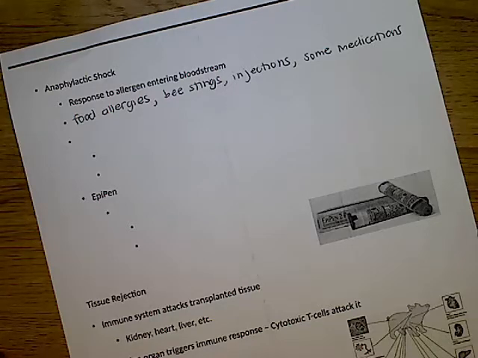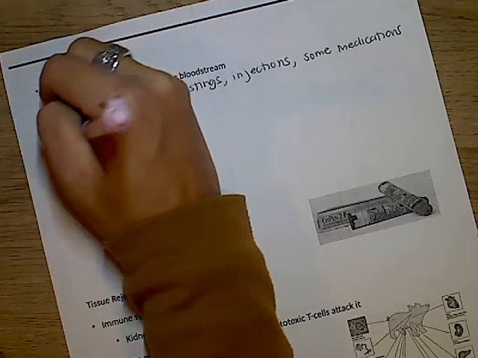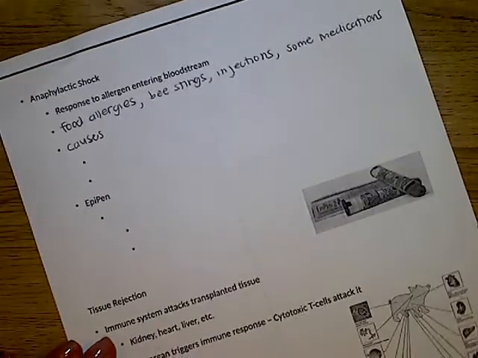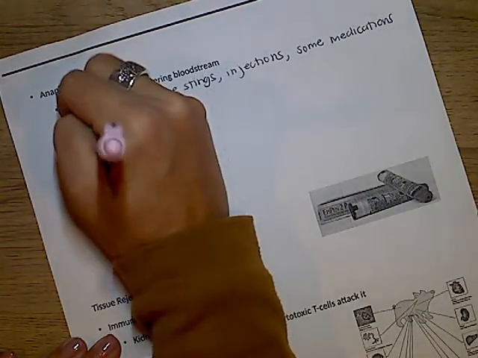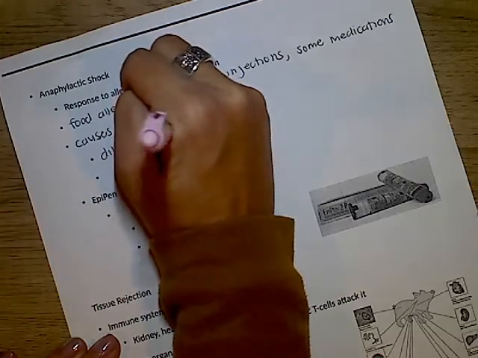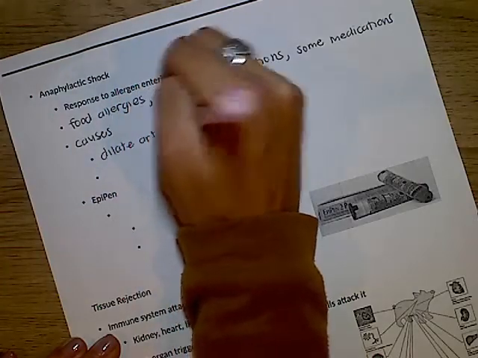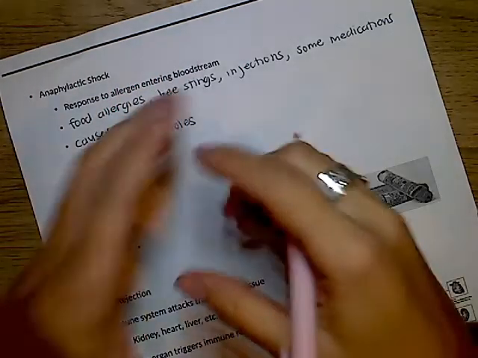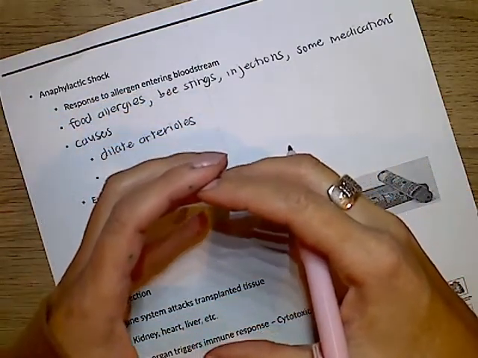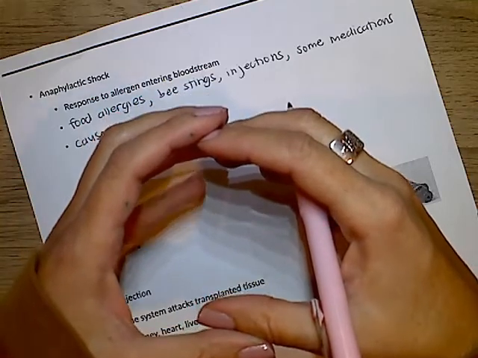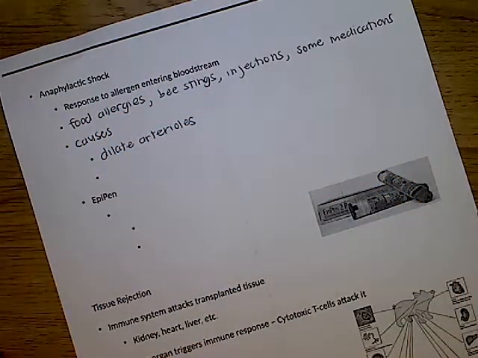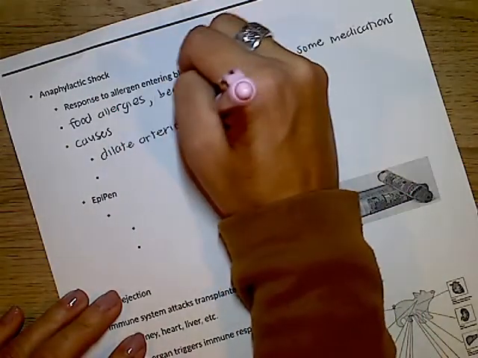So what causes this severe reaction is your arterioles will dilate. And remember, dilate means to get bigger. And if you increase the diameter of the arterioles and you still have the same amount of blood going through, that's going to decrease the blood pressure.